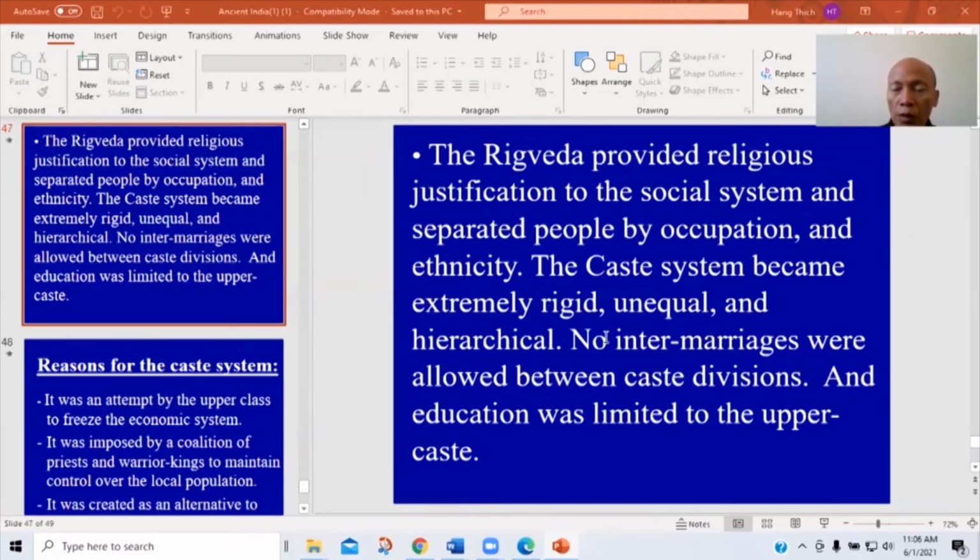For more than 2,000 years, this caste system became extremely rigid, unequal, and hierarchical. There's no intermarriage among those castes, and education was limited to the upper class only.